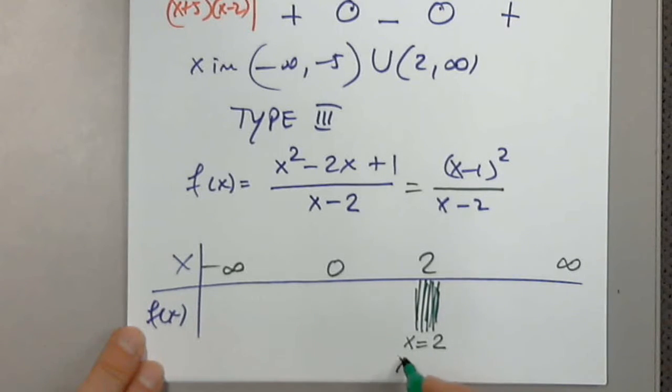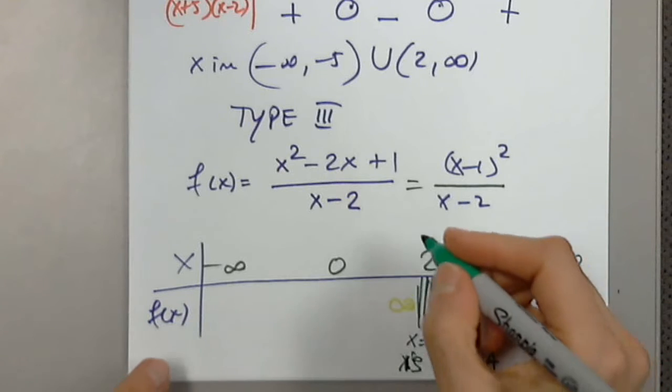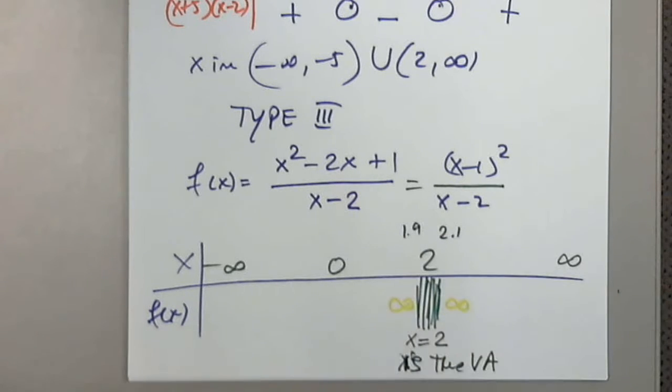So x equals 2 is the VA. Not the slant, but the vertical. Good. Once you say that, I'm hoping that you will immediately write infinity left and right. However, we don't know the sign. For the sign, I will be using 1.9 and 2.1. So let's plug it in.